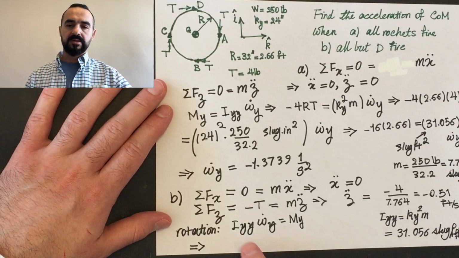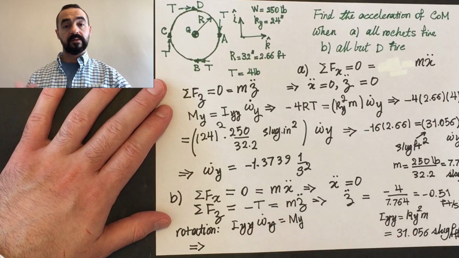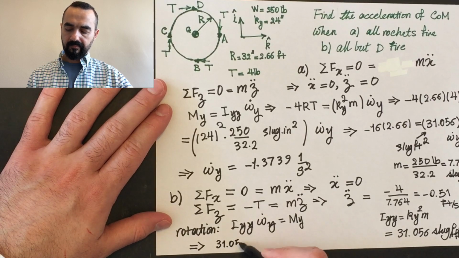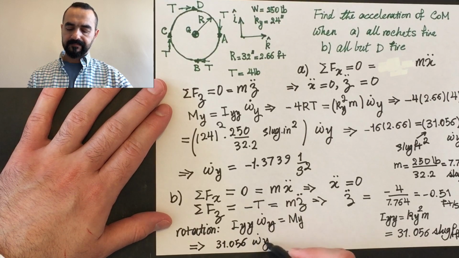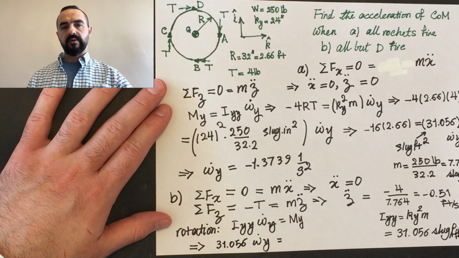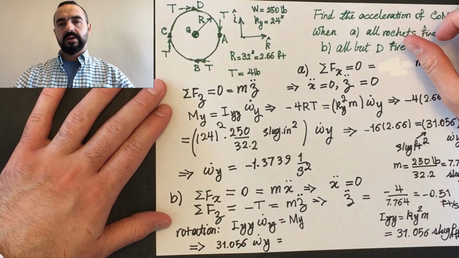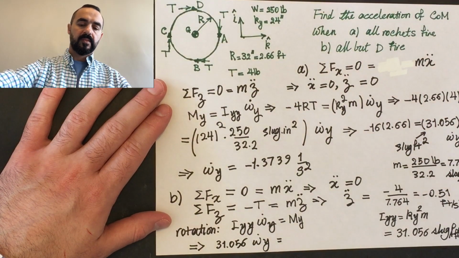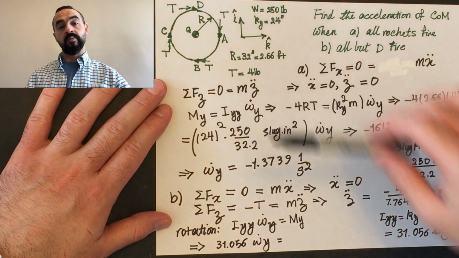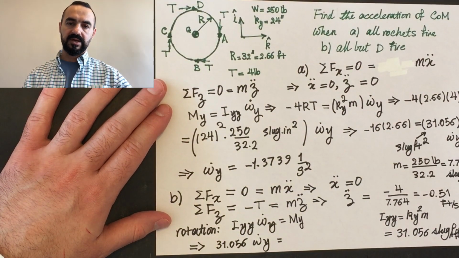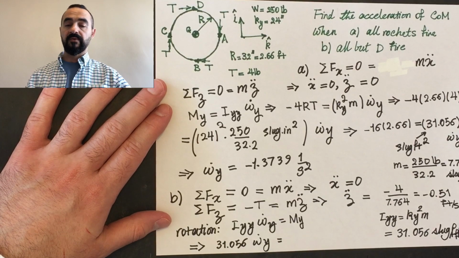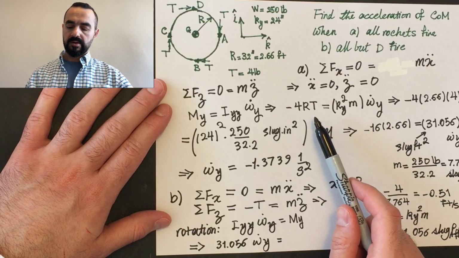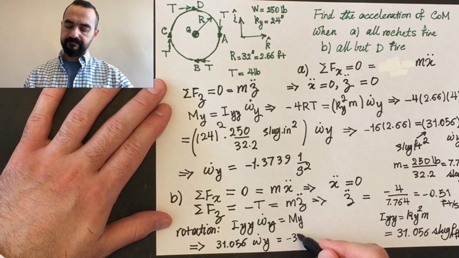So that doesn't change. Part A and part B, it's going to be the same. However, because we don't have a force applied to the point D, the sum of moments is not going to be the same anymore. Instead of negative 4 RT, we are going to have negative 3 RT, right?